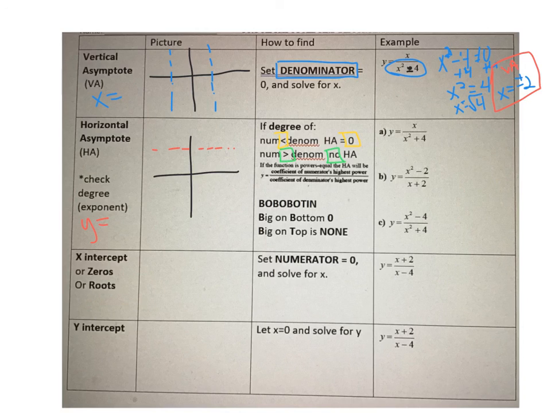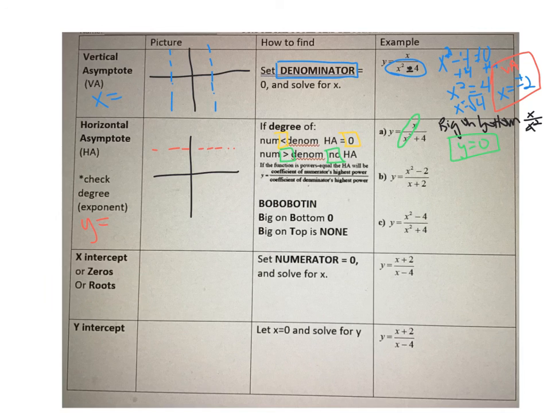So x divided by x squared, again, this is big on bottom, because we have x over x squared. Because it's bigger on bottom, it's automatically 0. So it's going to be a horizontal asymptote at y equals 0.